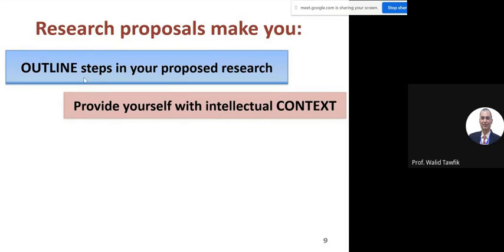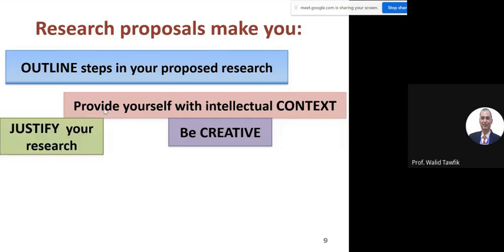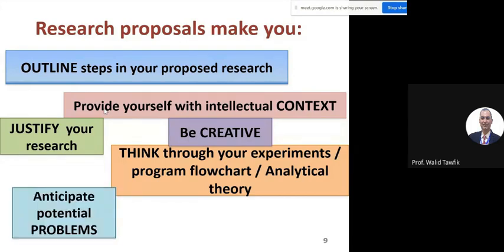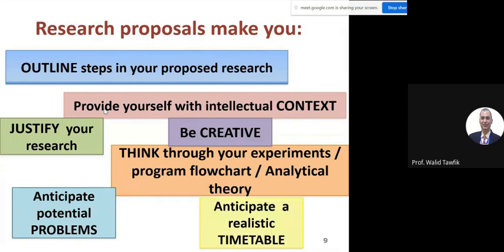In the research proposal, the outline steps provide yourself with integral contexts and be creative: justification of your research, thinking through experiments, programs, and flowchart analysis and theory. Anticipation of potential problems, anticipation of a realistic timetable. I think we start from down to up. I mean that we search about a problem and find the exact problem which we can solve.